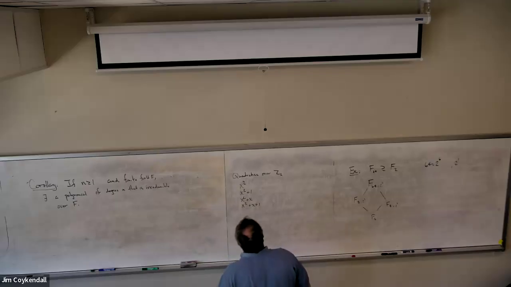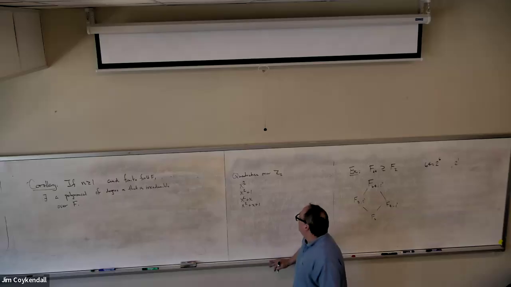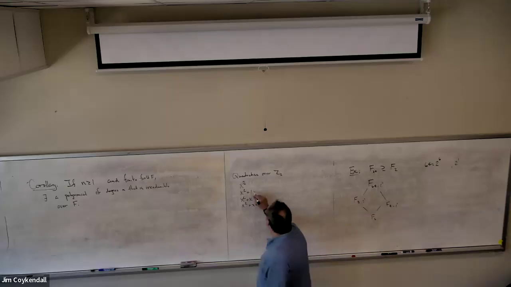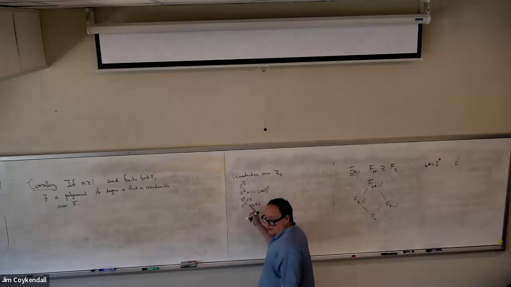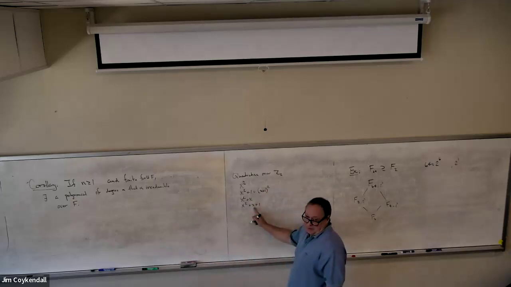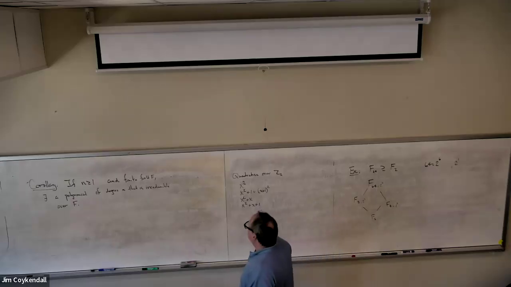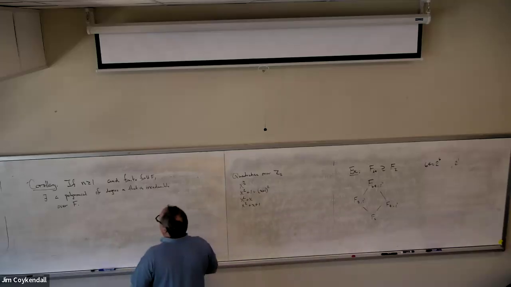I guess there are 4 quadratic polynomials over Z2. There they are. This is reducible because this is x plus 1 quantity squared. This is reducible because it's x times x plus 1. This has to be irreducible by that theorem. And it is. You can check that it doesn't have any roots, and checking roots is all you need for quadratics and cubics. So that comes as close to failing as you can because it's barely eked by.